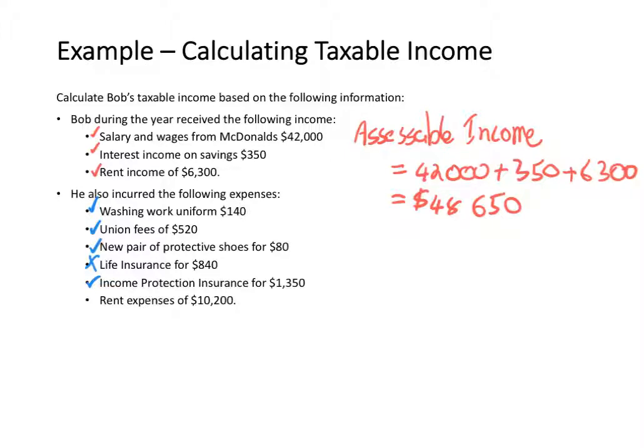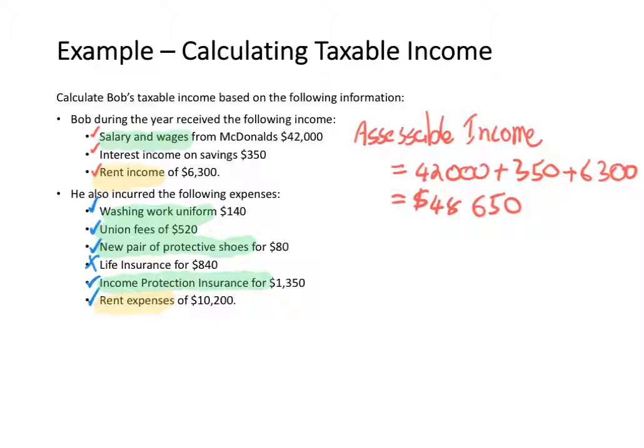So that income protection insurance is deductible against Bob's salary and wage from McDonald's, and the rent expense is deductible against the rental income. So rental income and rental expenses are related. The salary and wages is related to the washing uniform, union fees, the new pair of protective shoes, and income protection insurance.